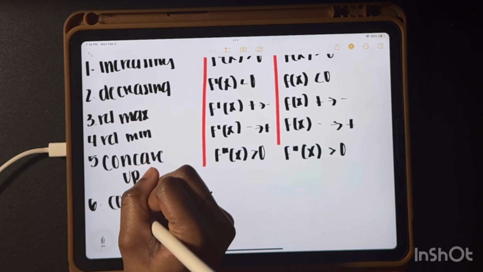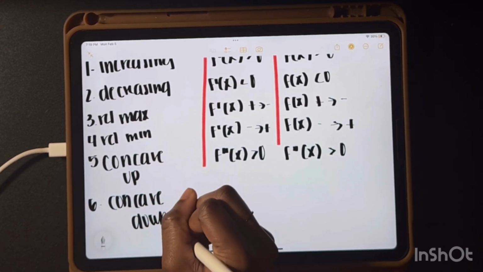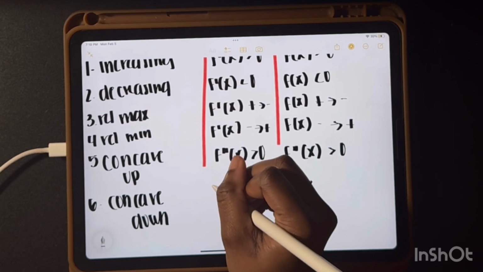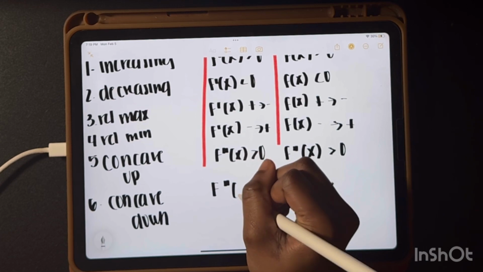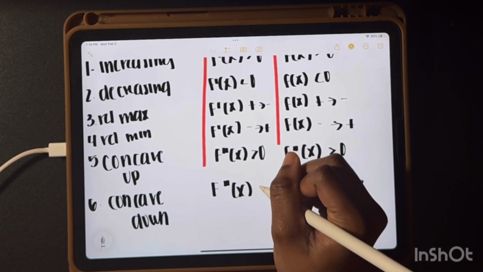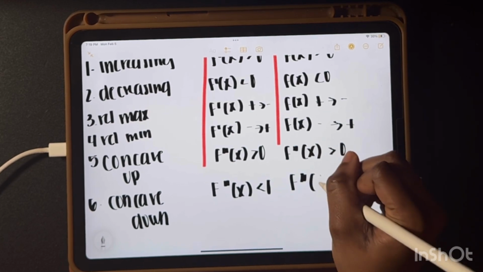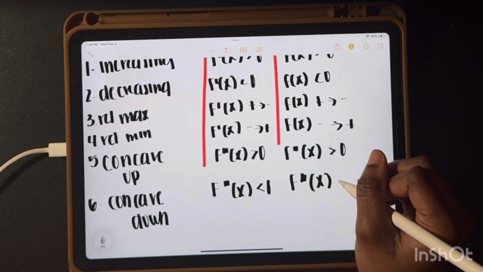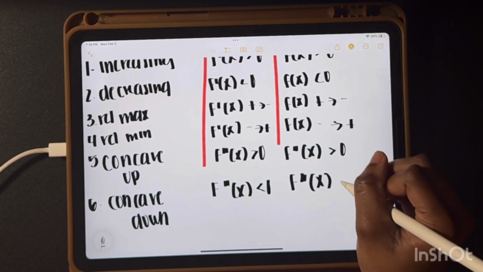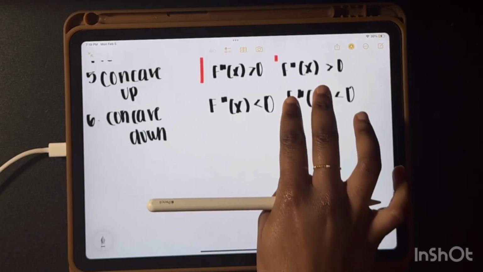When concave down, our capital F double prime of x is less than 0, and our lowercase f double prime of x, the second derivative, is less than 0. I put 1, I meant 0.